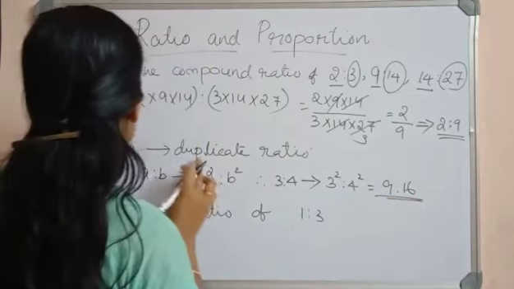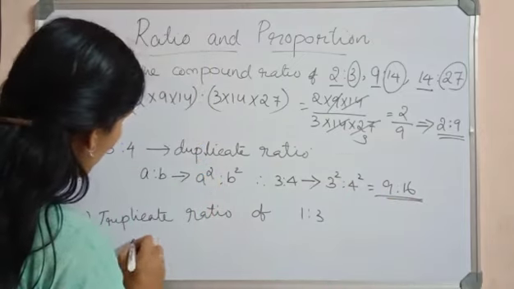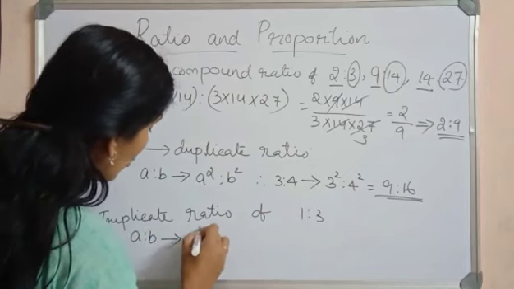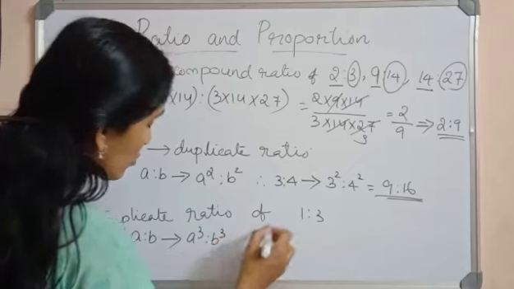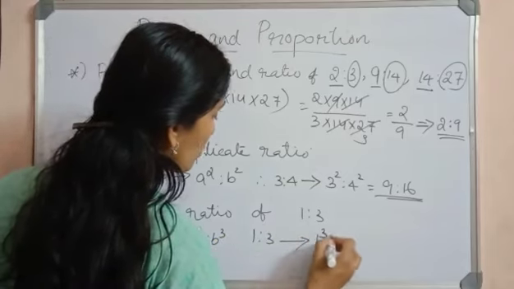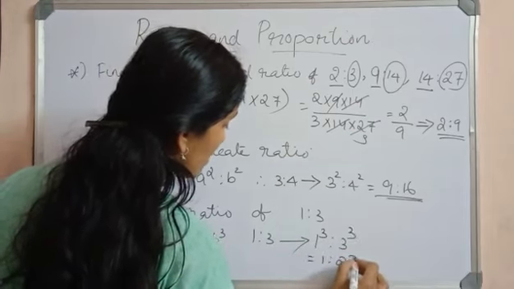This is the duplicate ratio of 3 is to 4. In the same way, if a is to b is a given ratio, its triplicate ratio is a cube is to b cube. So if you consider 1 is to 3, the triplicate ratio is 1 cube is to 3 cube, that is equal to 1 is to 27.